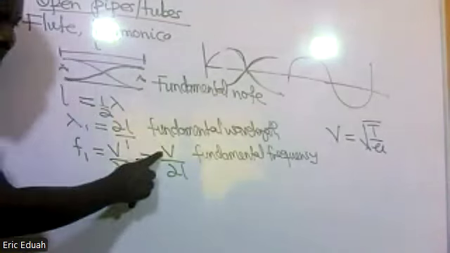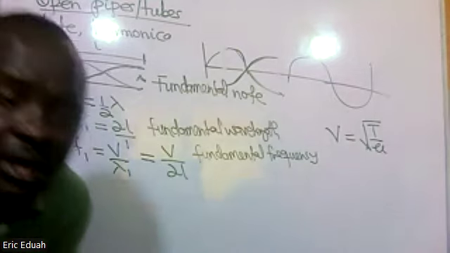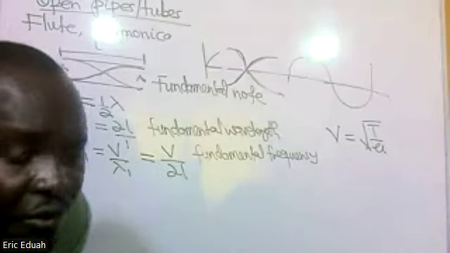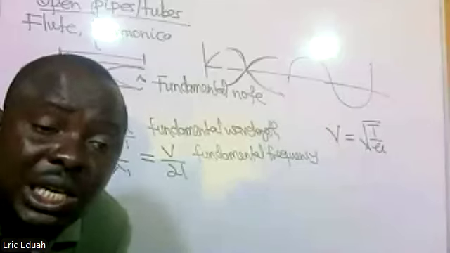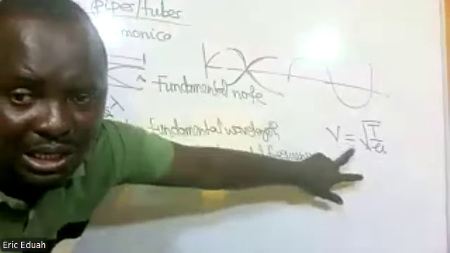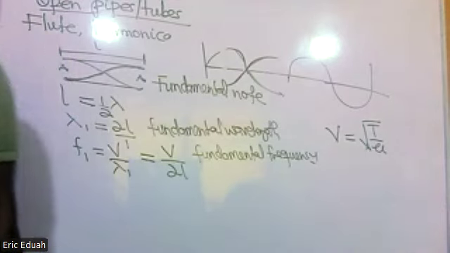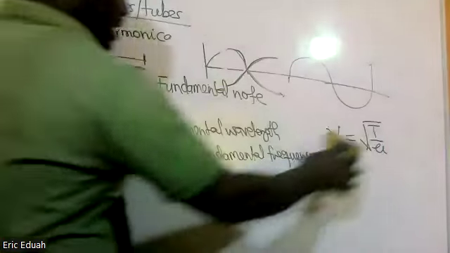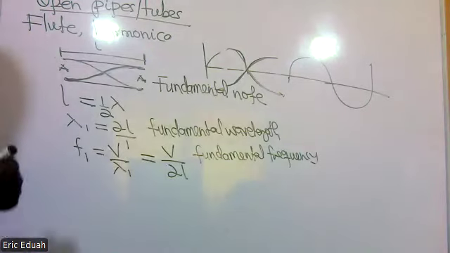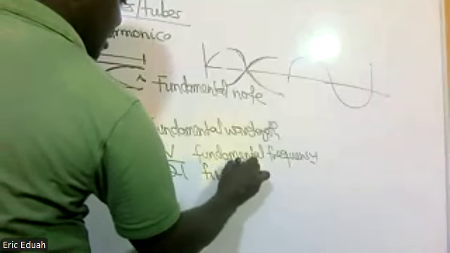So please, this V is velocity of sound in air. And sound is a longitudinal wave. So this V is velocity of longitudinal wave in air. So this has nothing to do with tension and linear density. So please let's take note of that and then get the difference. So this becomes the fundamental frequency or first harmonic.